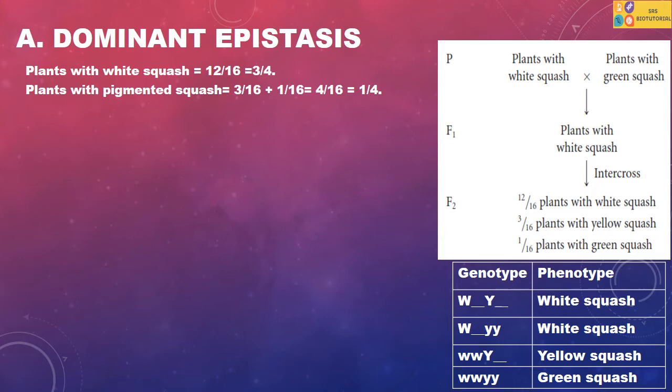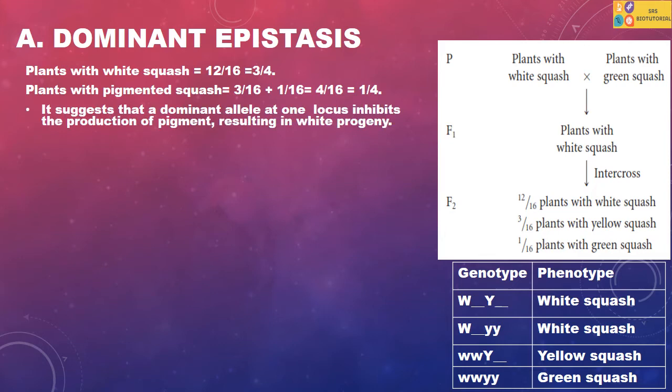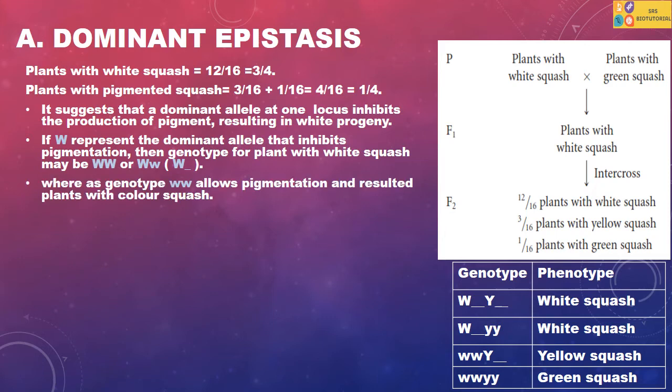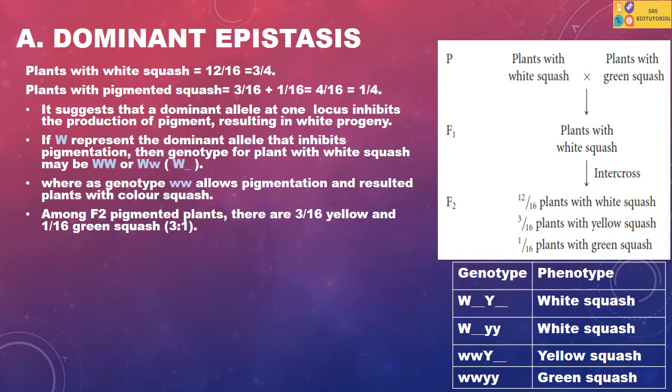This suggests that a dominant allele at one locus inhibits the production of pigment, resulting in white progeny. If capital W represents the dominant allele that inhibits pigmentation, then the genotype for a plant with white squash may be capital W capital W or capital W small w, whereas genotype small w small w allows pigmentation and results in plants with colored squash.